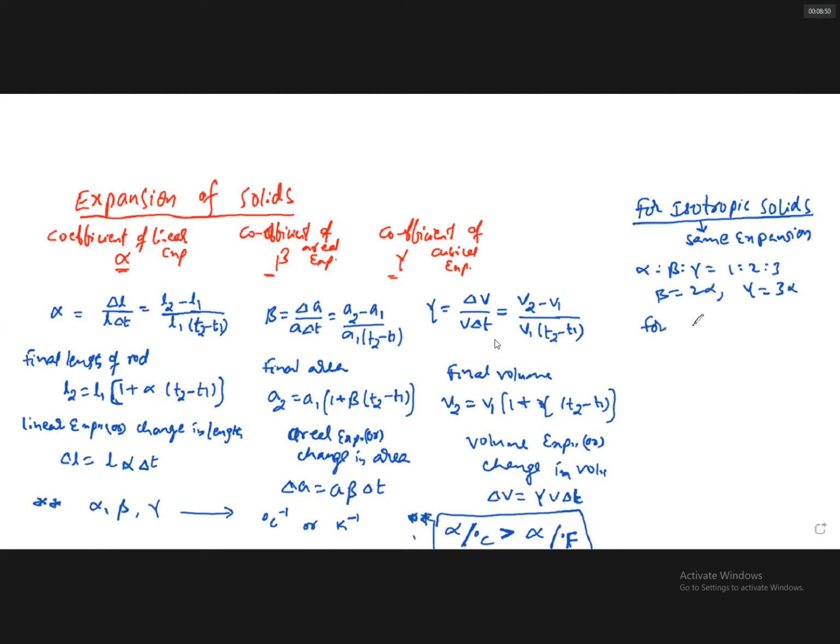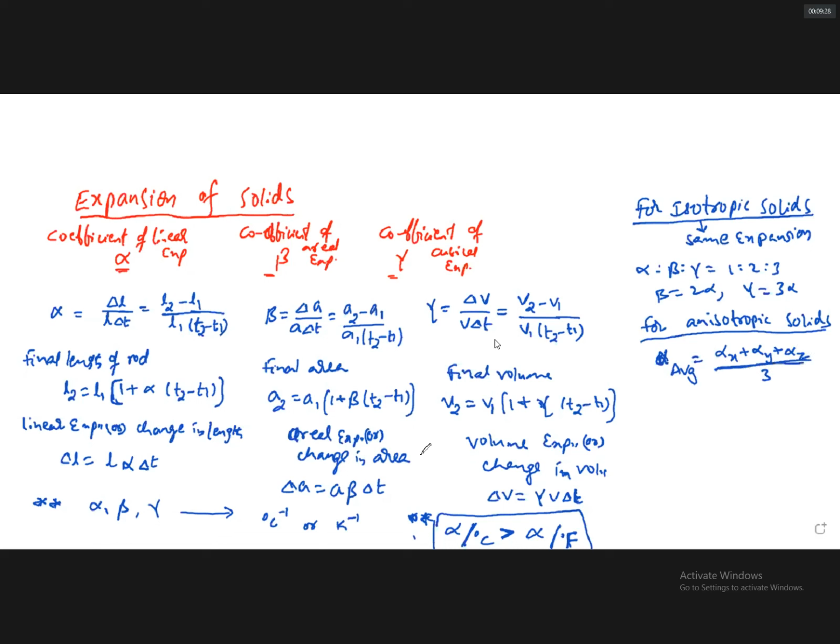Based on anisotropic solids, one question was given in last year's mains, I think, and this year in the January shift. For anisotropic solids, alpha average can be defined as alpha x plus alpha y plus alpha z by 3.